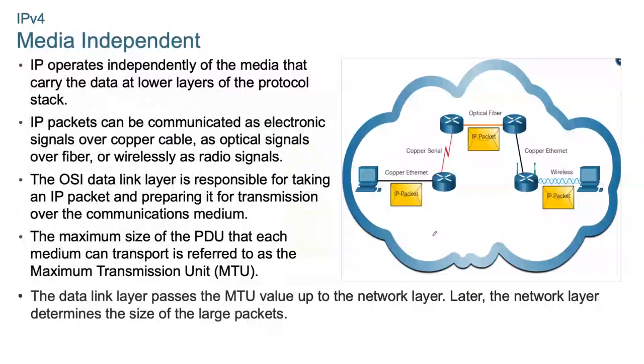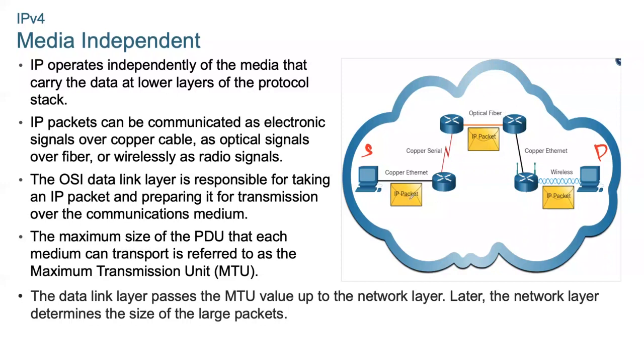And the third characteristic, as said, is media independent. In this, the packets may go from your source to your destination through a cable connecting your source and your first network edge router, using copper ethernet, and the network device to network device connection may use a copper serial cable or an optical fiber cable.